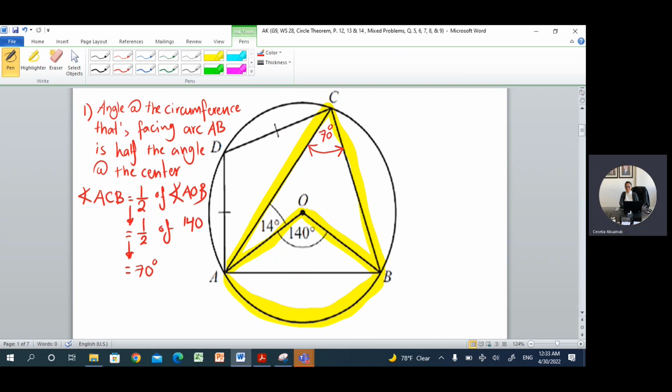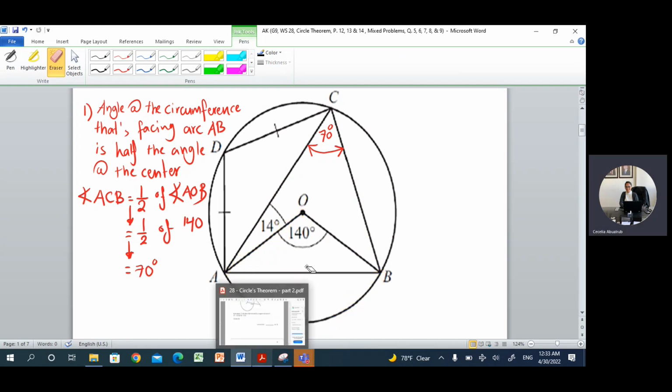All right. What else can I find here? Let me first erase this so that we can have a better look. Okay, I can think of O to A from the center to the circumference. This is a radius.